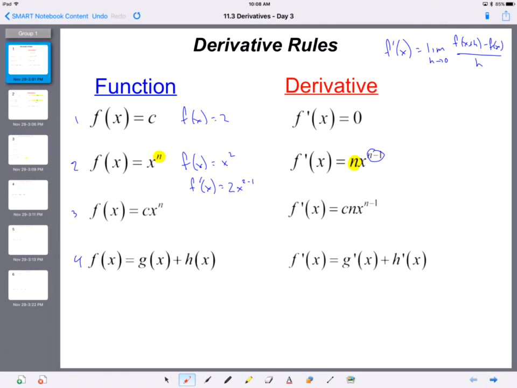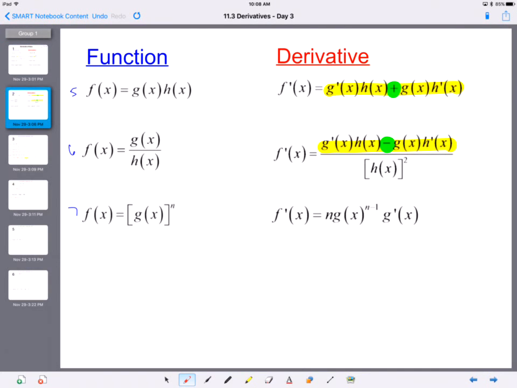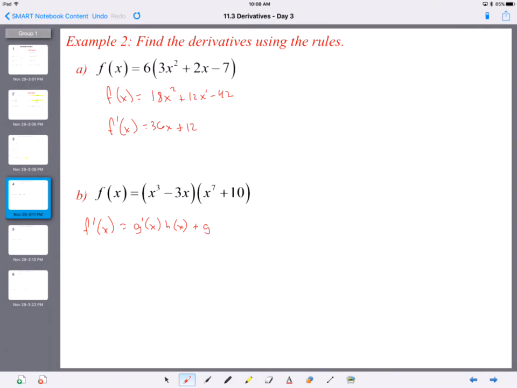Just want to make sure I write it in the same order that I have on here. And so that's what we're going to do, understanding that this represents your g of x and this is your h of x. So here we go. So this is rule number 5.